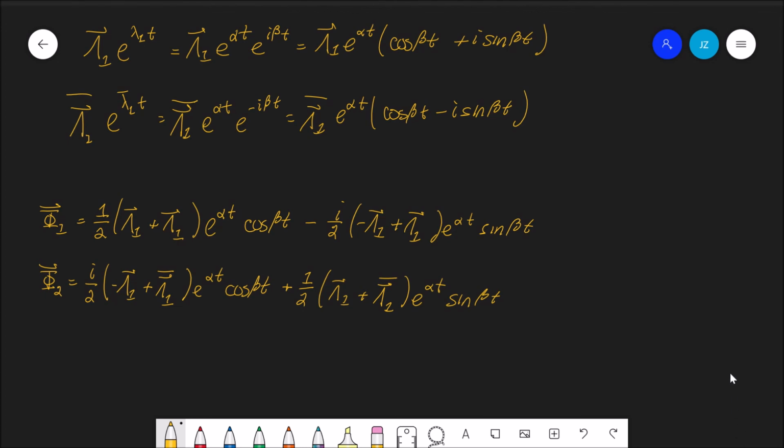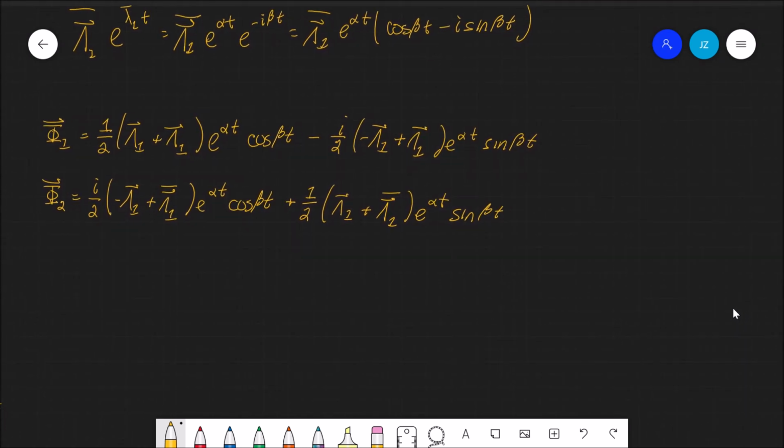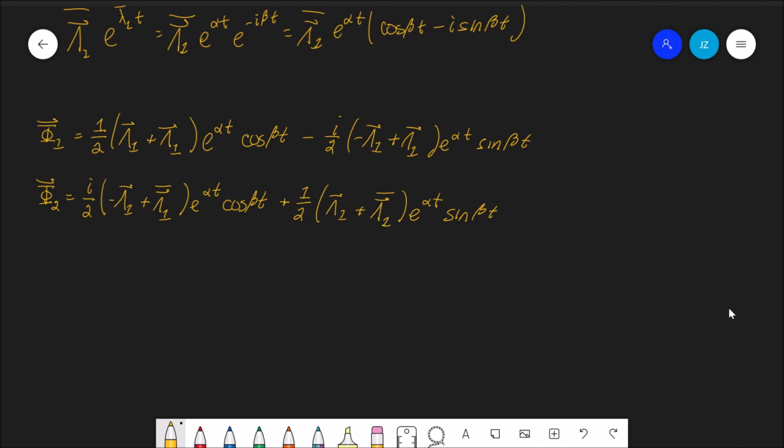Now, it is a known fact from complex analysis that if we take 1/2 (z plus z bar) and i/2 (negative z plus z bar), where z is a complex number, these both are real numbers.